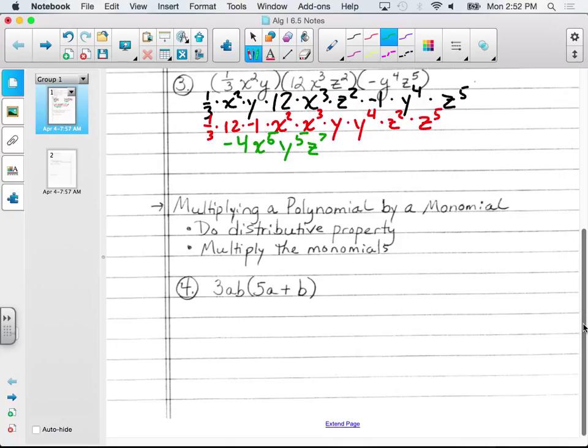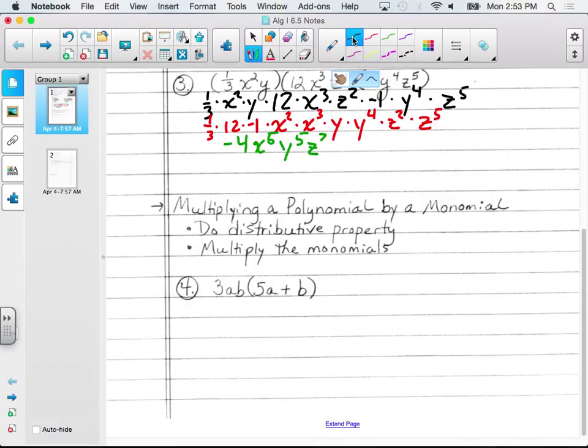Yeah, so 3AB is a monomial because it's just one group of factors being multiplied together. This is 5 plus AB. Since there's that addition sign, that makes it a polynomial. So, when we take a polynomial times a monomial, all we do is use the distributive property and multiply each term in our polynomial by whatever we have on the outside.